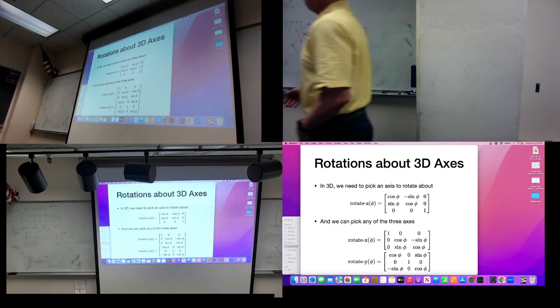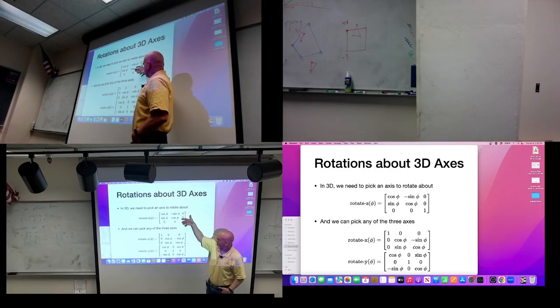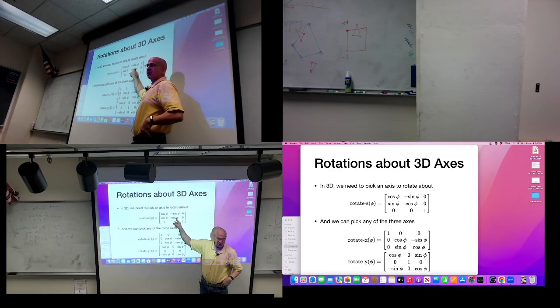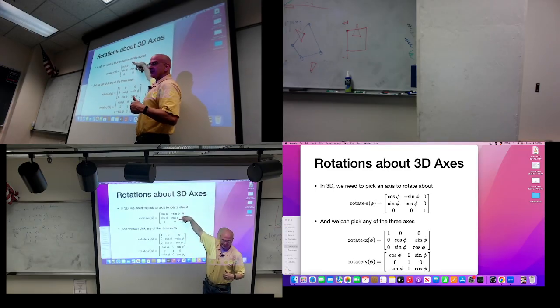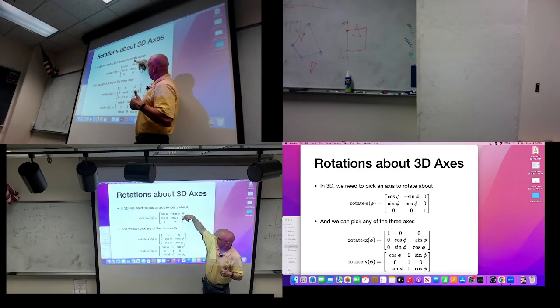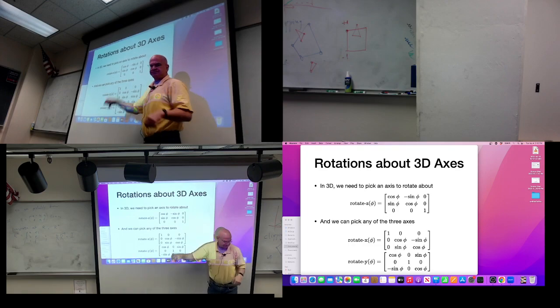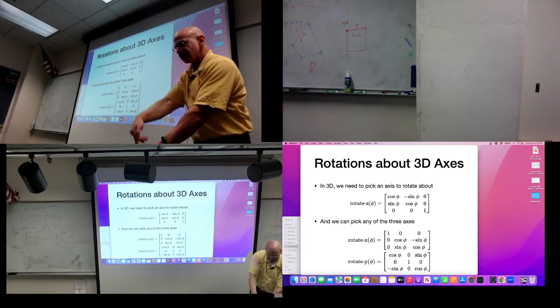So you don't really need to remember any of this. Just remember cosine, minus sine, sine, cosine, the rotation when I was in 2D. Now I'm living in 3D. What happens if I rotate around the z-axis? It means that the z value doesn't change at all. Here's my z-axis as a height.